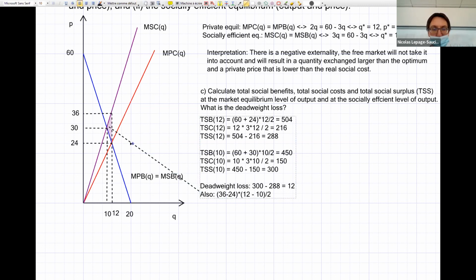This is 36 minus 24, that's the base. The height is 12 minus 10, and divided by 2 because it's a triangle. This is 12 times 2 divided by 2. All good.